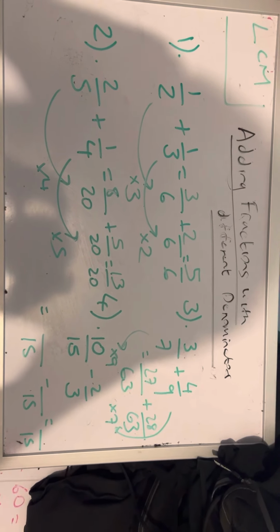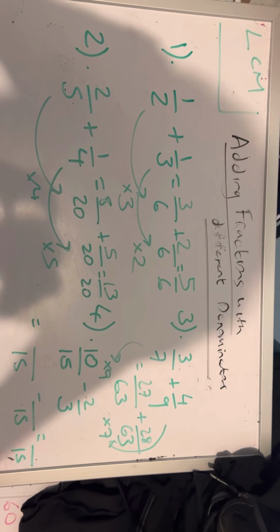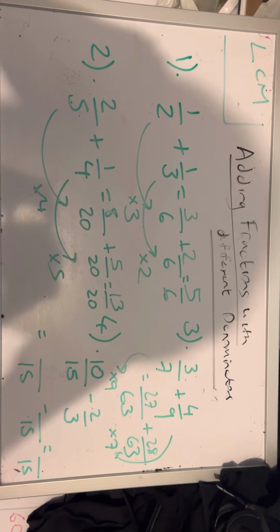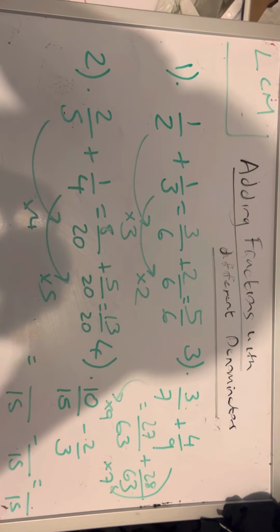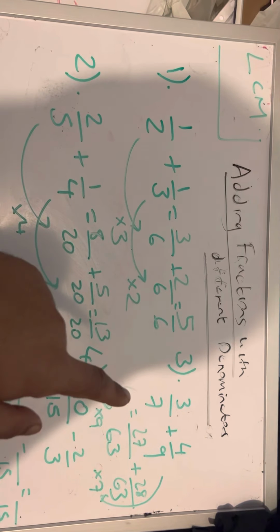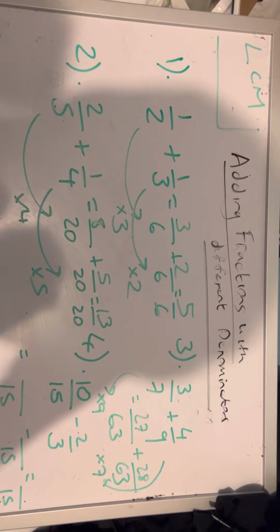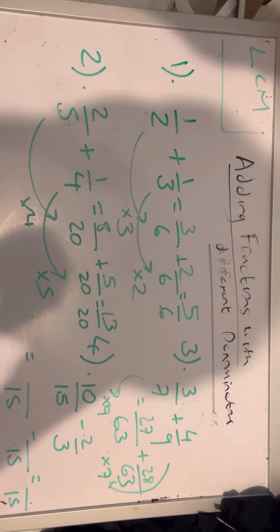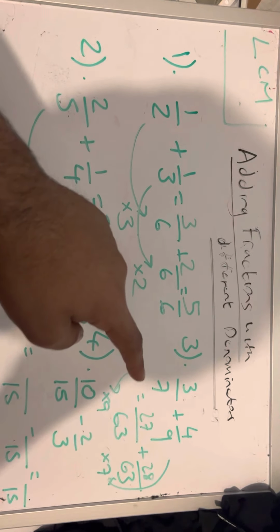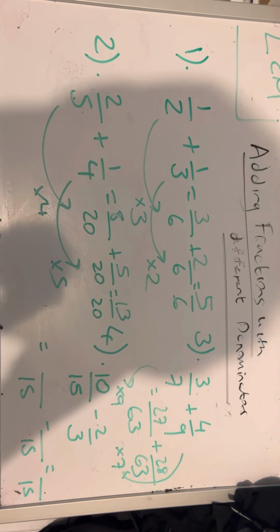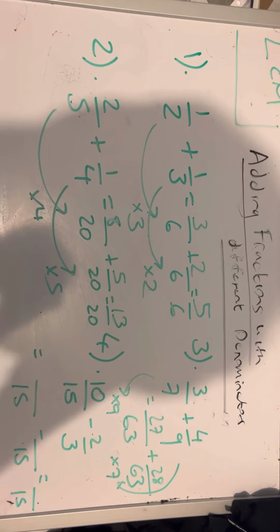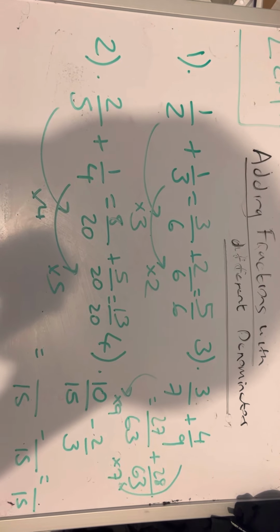This is question number 3, guys. 3/7 plus 4/9. What I'm going to do now is do 7 times 9, which is 63. So 3/7 is equal to 27 out of 63, and 4/9 is 28 out of 63.